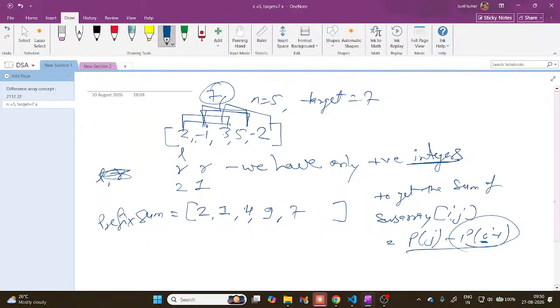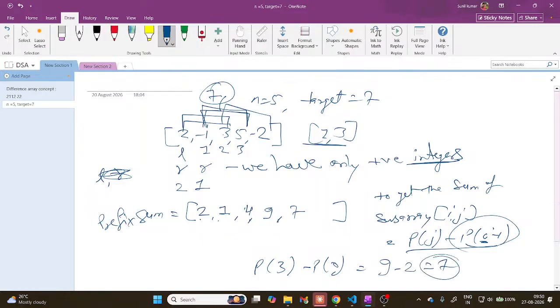The indices are 1 to 3, so I have to get 1 comma 3. What do I have to subtract? Prefix of 3 minus prefix of 0. Prefix of 3 is 9, minus 2, it's 7. So I get the exact sum I was getting here. That's how we can find the subarray sum.